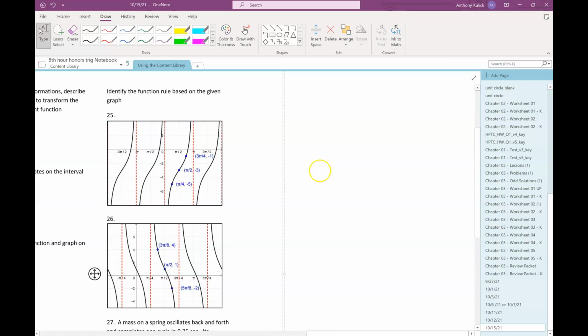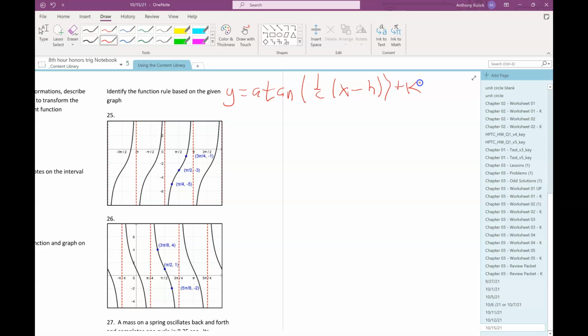I don't really need them solved, but what do you mean by identify the function? I mean this. So you're just asking for a tangent equation. Just a tangent equation. Yep.